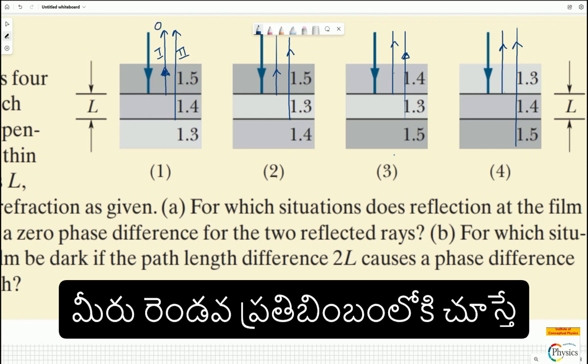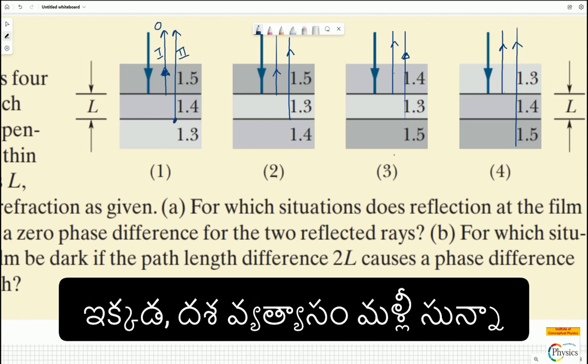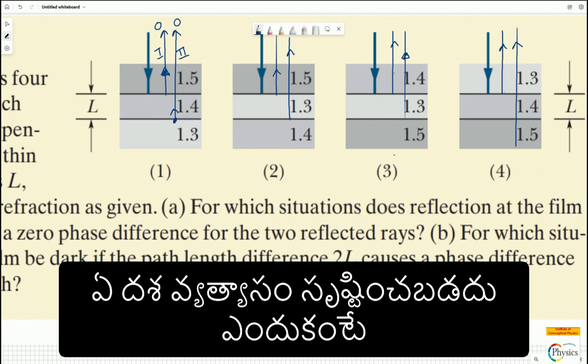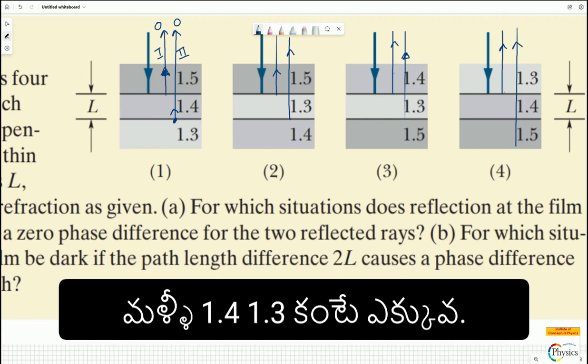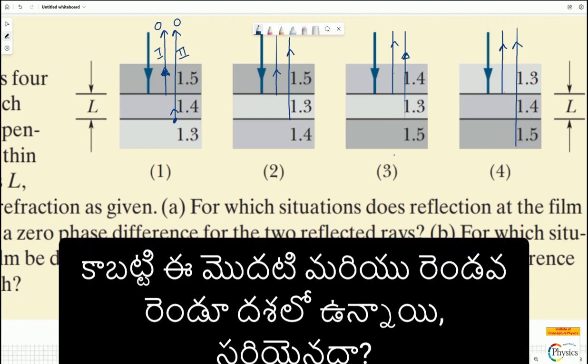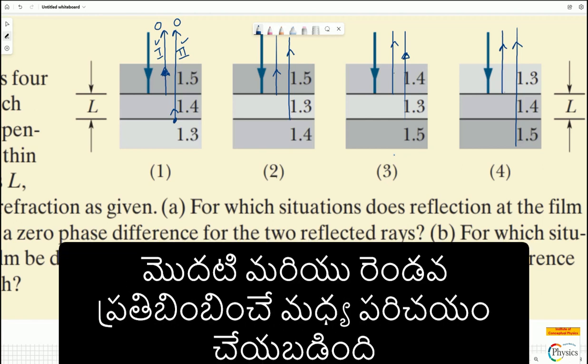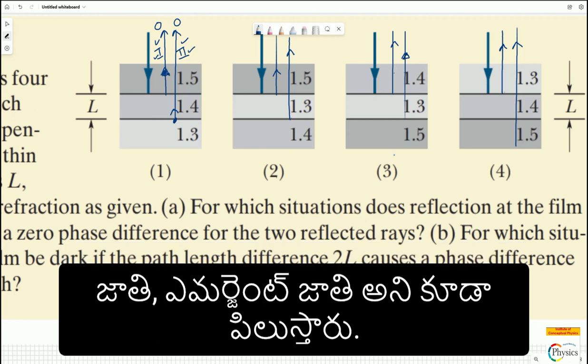If you look into the second reflection here, the phase difference is again 0, because again 1.4 is greater than 1.3. So both these, first and second, are in phase, right? So there is no phase difference introduced between the first and second reflected rays, also called emergent rays.